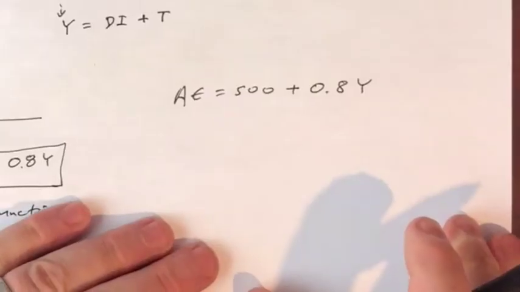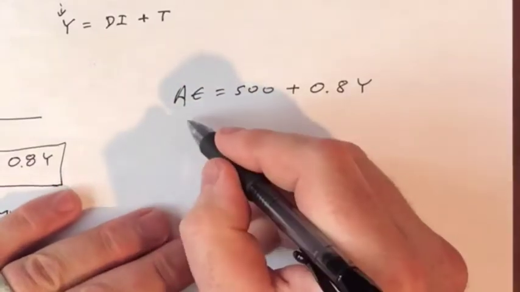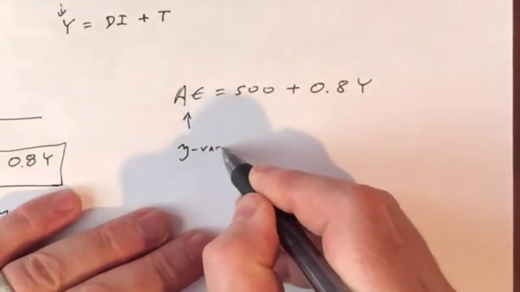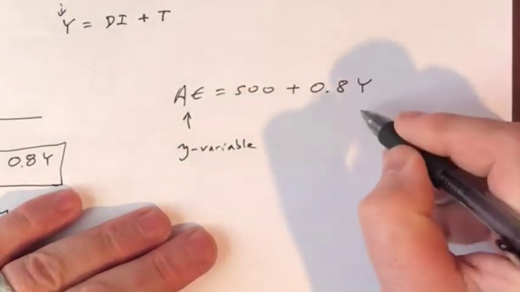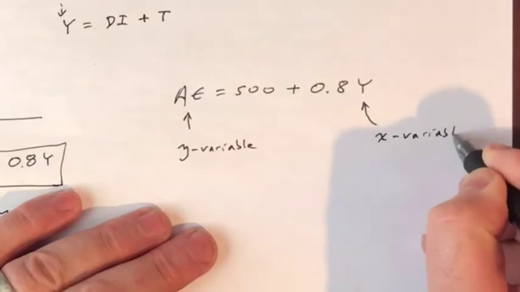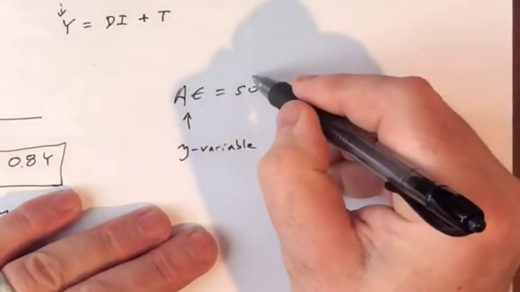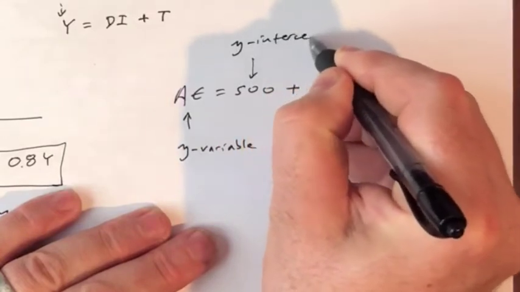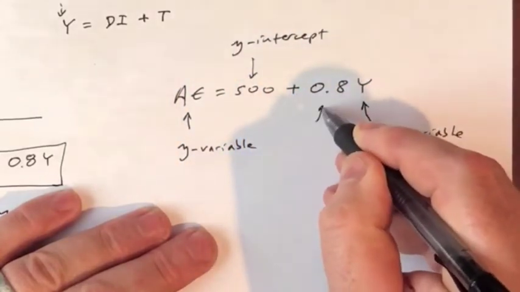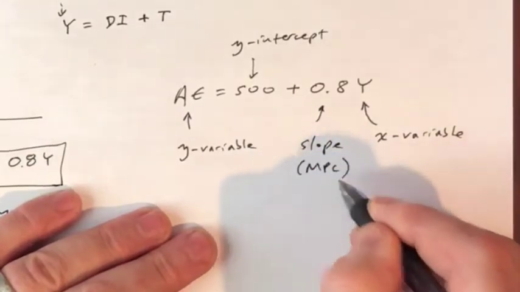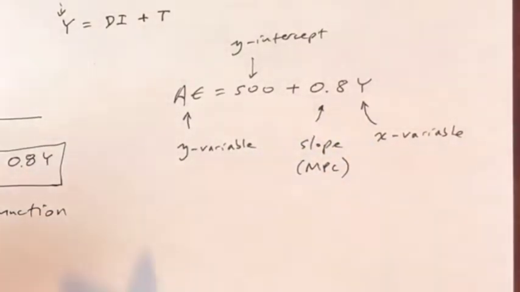It's a linear function where AE is the y variable and capital Y is the x variable. 500 represents the y-intercept, and 0.8 represents the slope. And this is also equal to the MPC, the marginal propensity to consume.